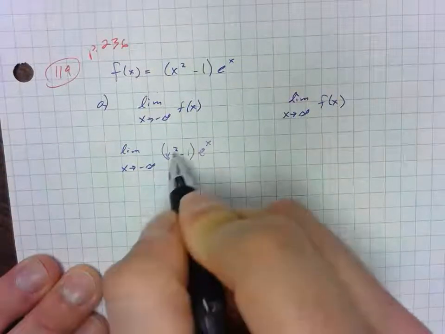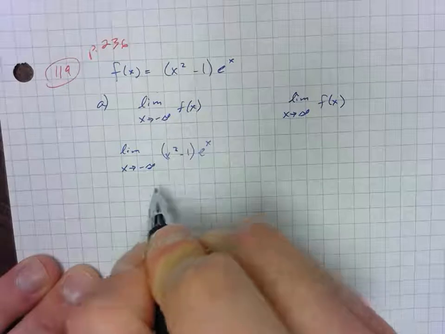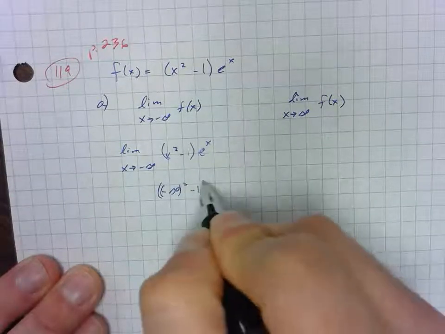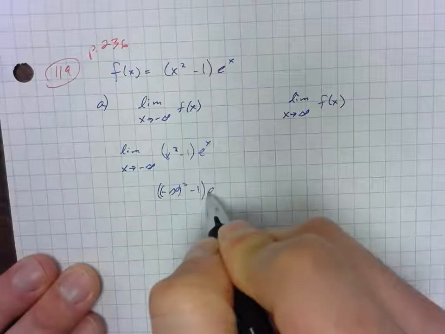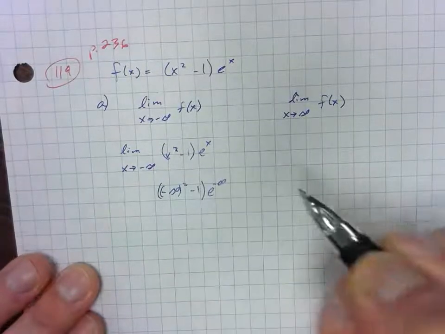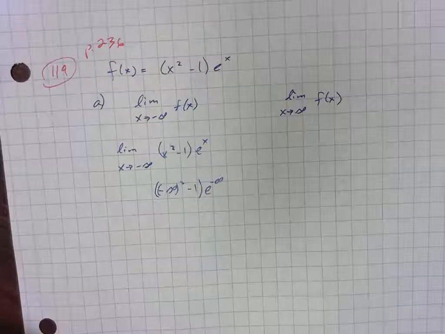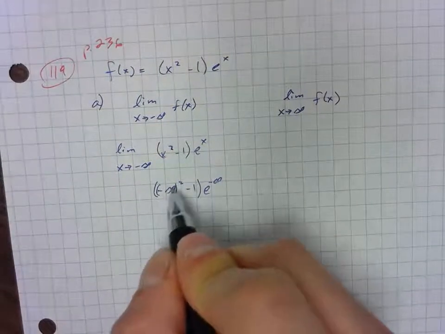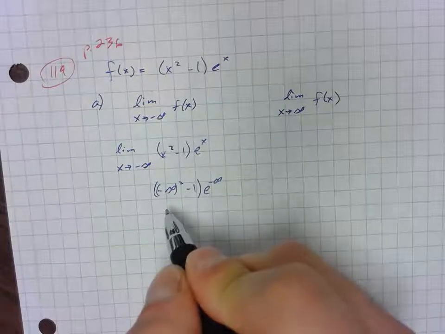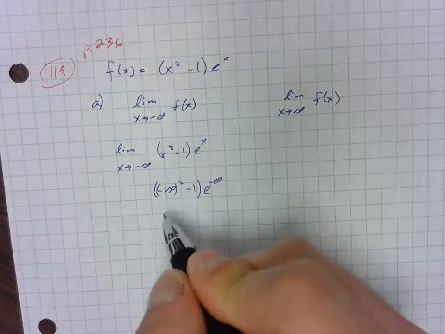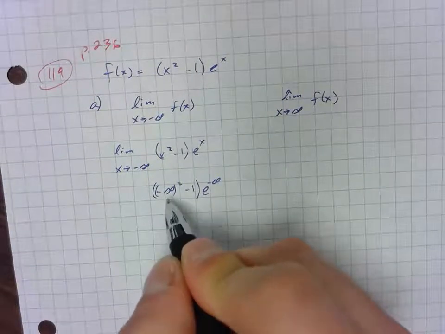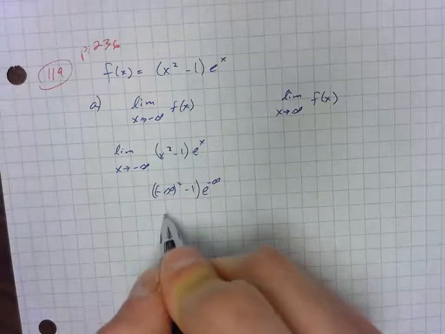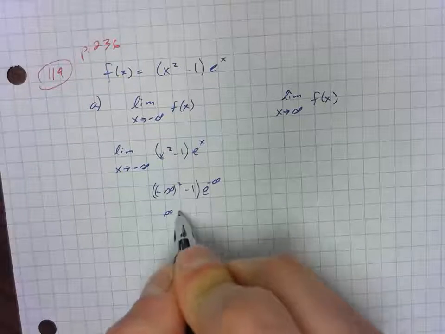And plugging in negative infinity would give me negative infinity quantity squared minus 1 times e to the negative infinity power. Well, negative infinity squared, what will that give me? It'll give me a positive infinity, right? So this is infinity minus 1.